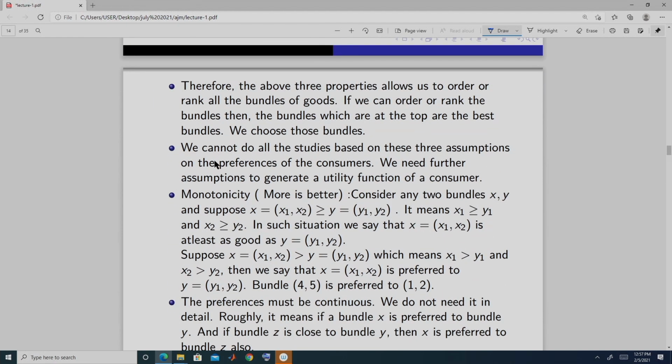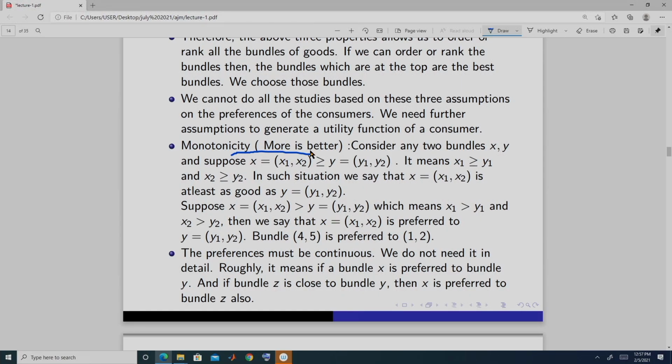Now the problem with this is that it is too basic, so we simply cannot derive the demand curve from these three assumptions. We need some further assumptions and conditions to derive something called a utility function, and you will see that. So the first assumption that we make is the monotonicity assumption.